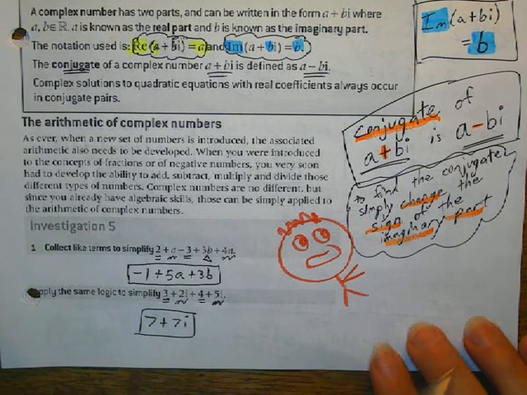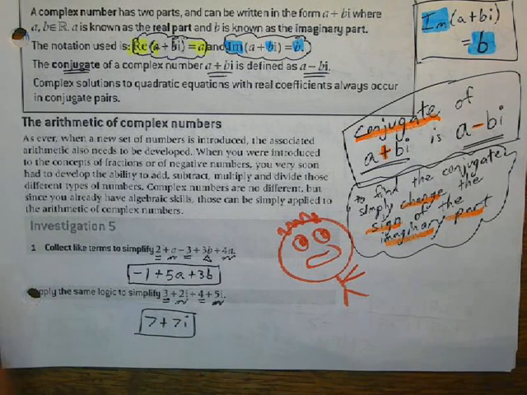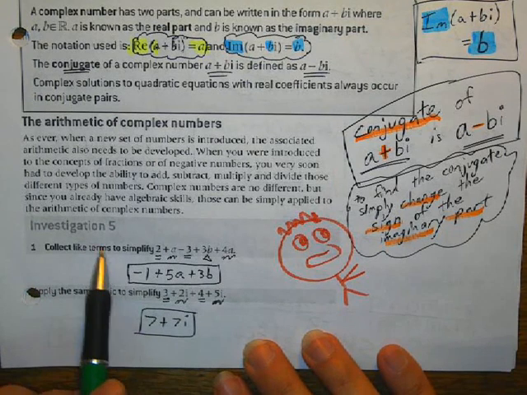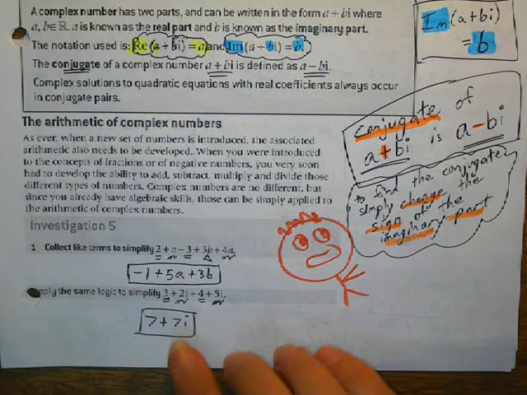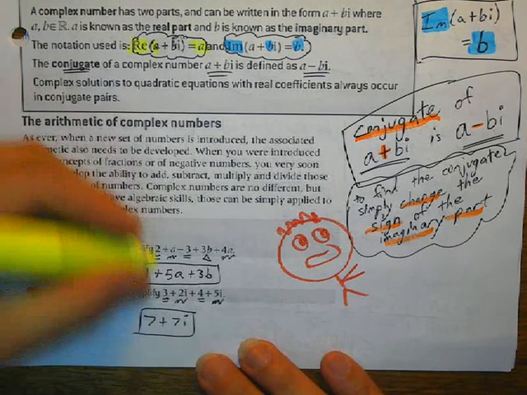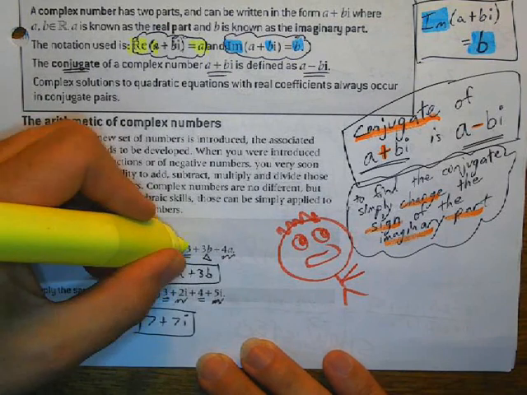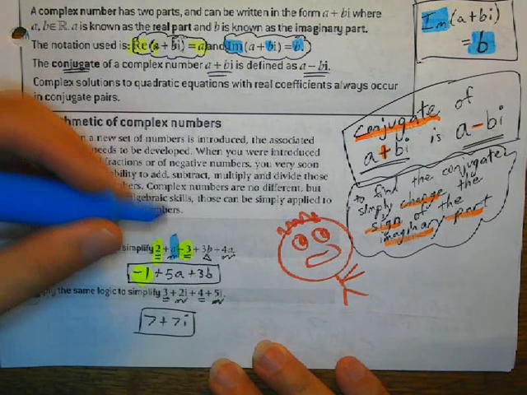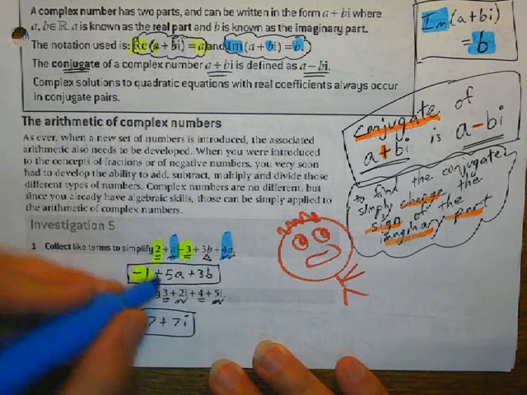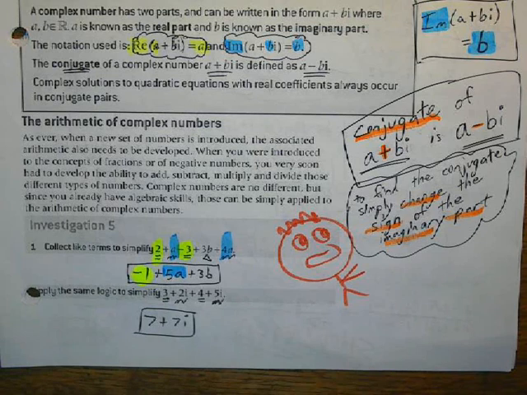Okay, now set that aside for a second. If I want to simplify this, in algebra we learned we can combine our like terms. Right? 2 minus 3 is going to give us negative 1. a plus 4a is going to give me 5a, and we just have a 3b.